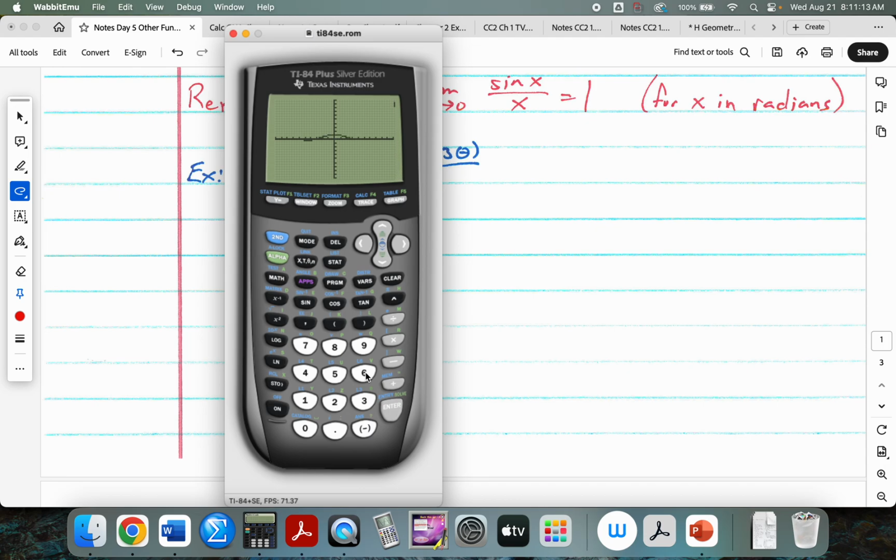We'll find it's way too small to really see things very well, so I'll zoom in. You can see that this function goes to 1. Notice if I trace it, at 0, there is no y value. But if I go to either side, it's incredibly close to 1.